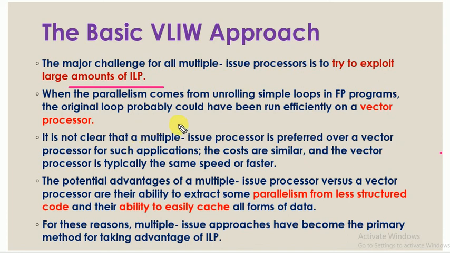The loop could have been run efficiently on a vector processor. It is also not clear that a multiple issue processor is preferred over a vector processor for such applications. The cost will be similar, and the vector processor is typically the same speed or faster.